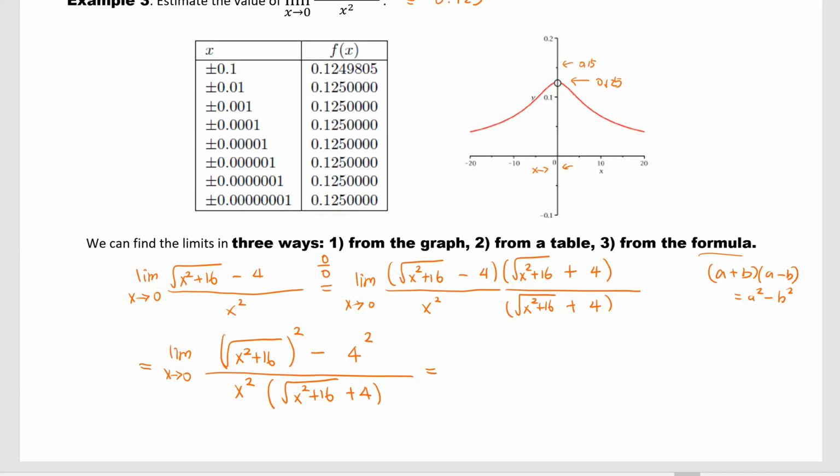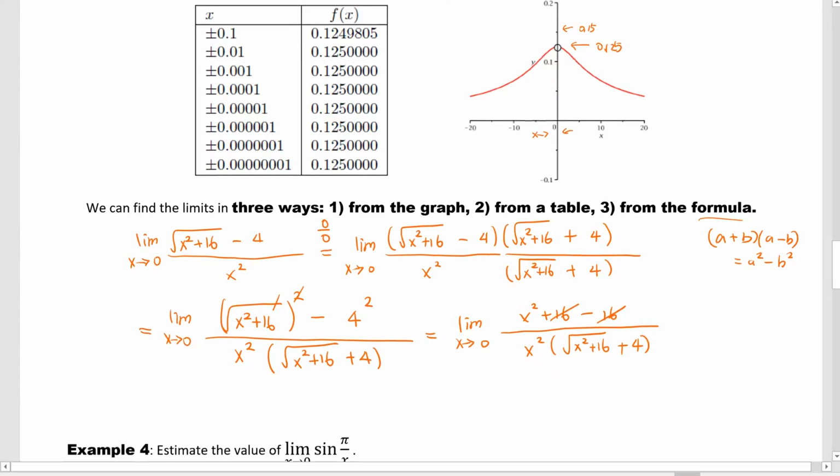Okay, now what happened? So square and square root, now you can see they cancel. So we have x squared plus 16 minus 4 squared, which is 16. Oh, can you see we can cancel something? The 16 gets canceled.